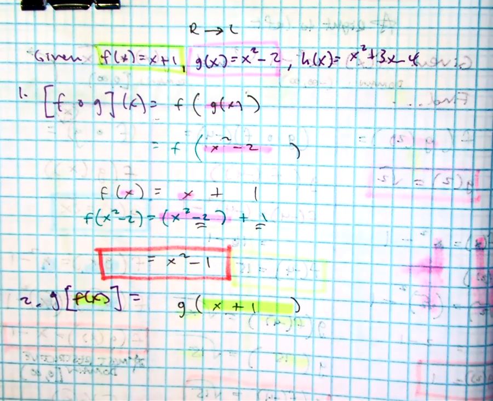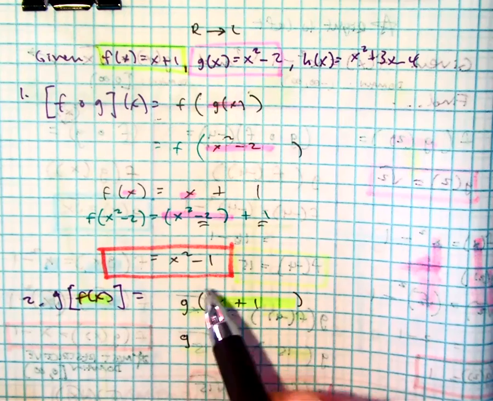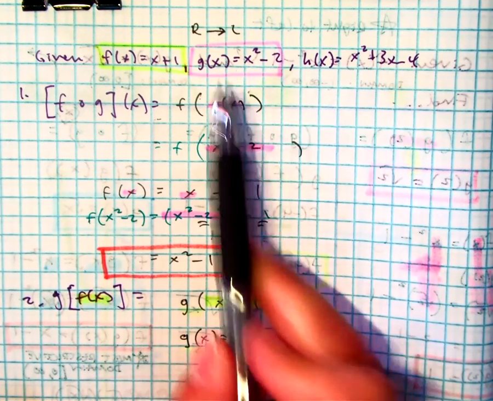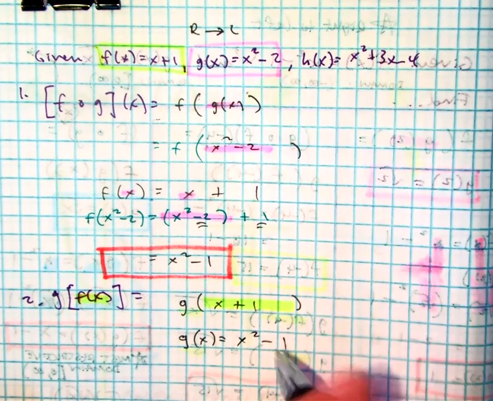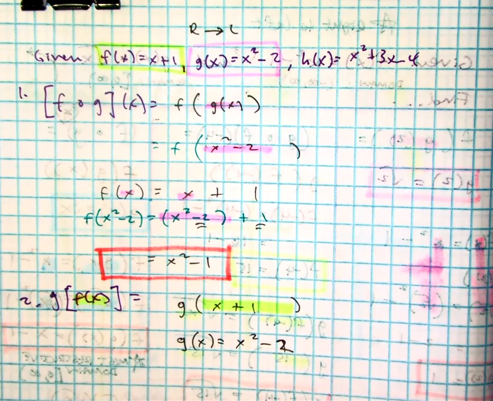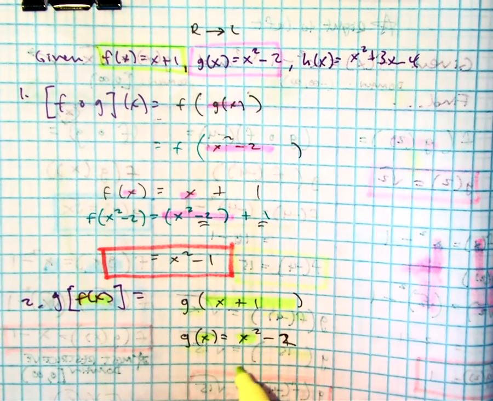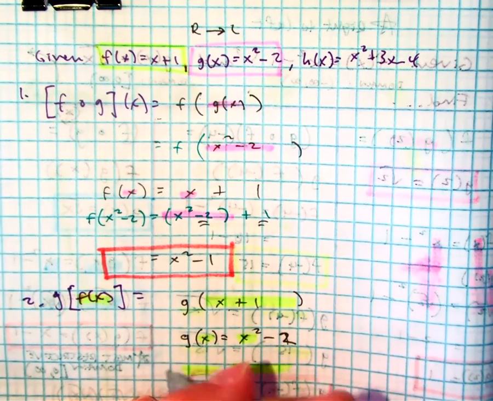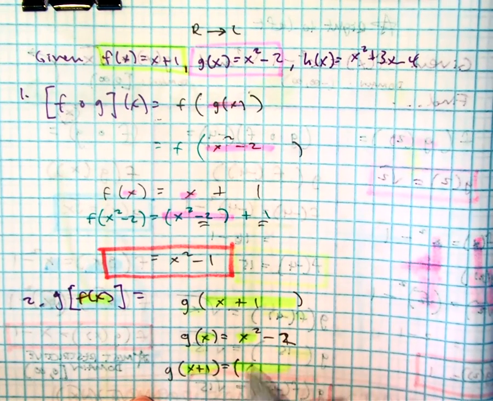And now I'm just going to write my g function. My g function is equal to x squared minus 2. And instead of writing x, we're going to put what in here? x plus 1.